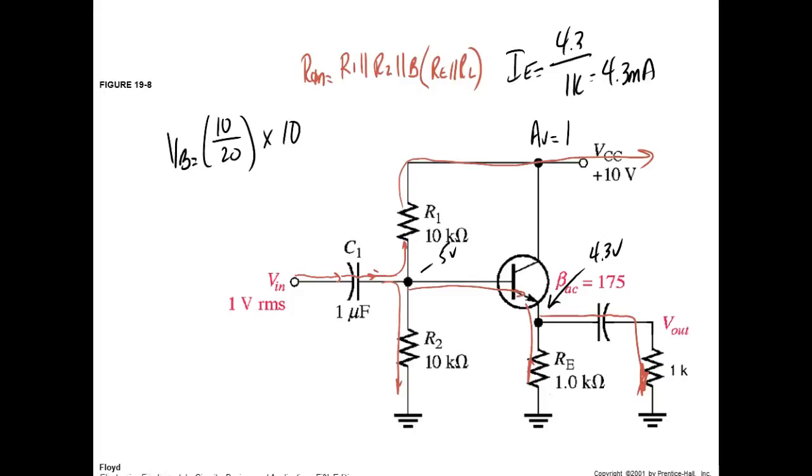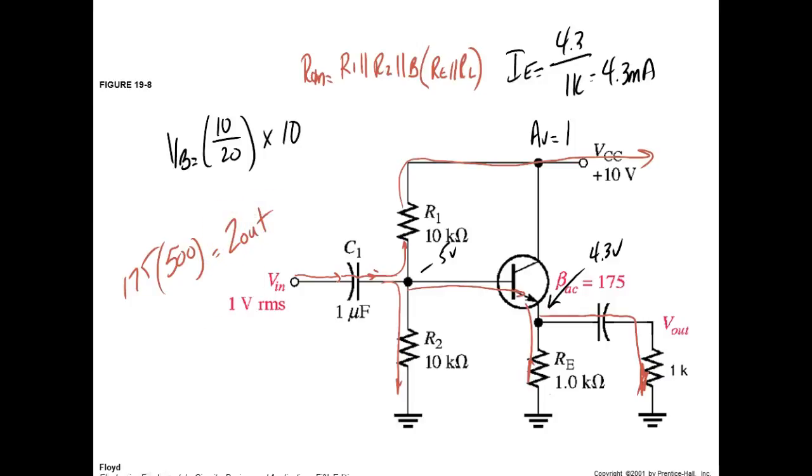Don't pick up a calculator. They're the same size. Anytime you've got something that's the same size in parallel, it's 1/2, right? You understand? So that'd be 500 ohms. So that'd be 500 ohms times beta. What's the beta? 175. So this is Z out.